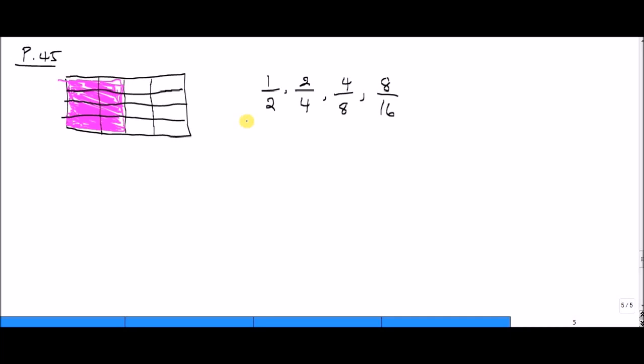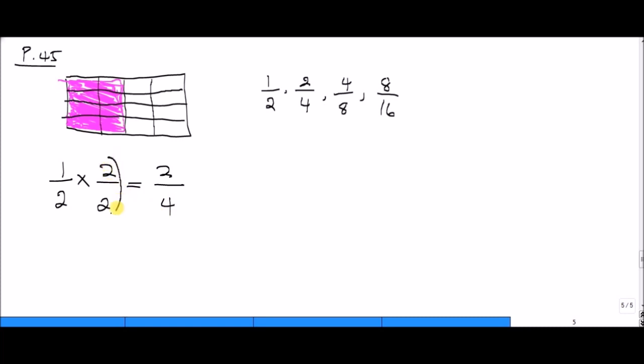Now, to find equivalent fractions, we can multiply the numerator and the denominator by the same number, or the same factor. So, in this case, we could try 2/2, and 2 times 1 will give us 2, and 2 times 2 will give us 4.